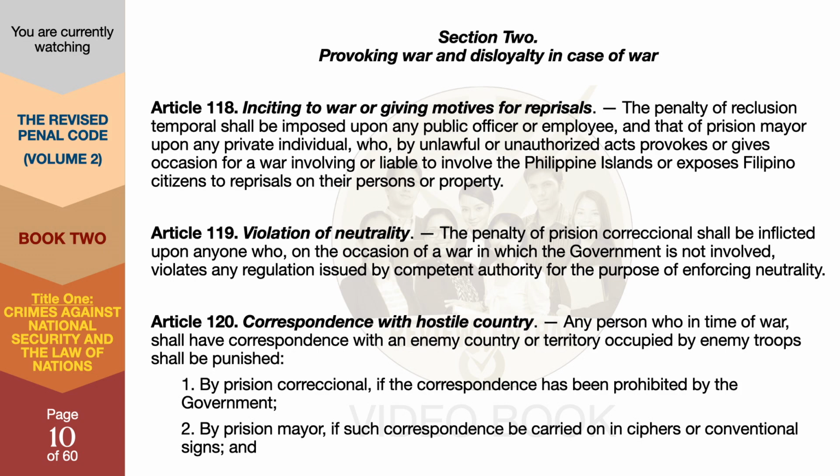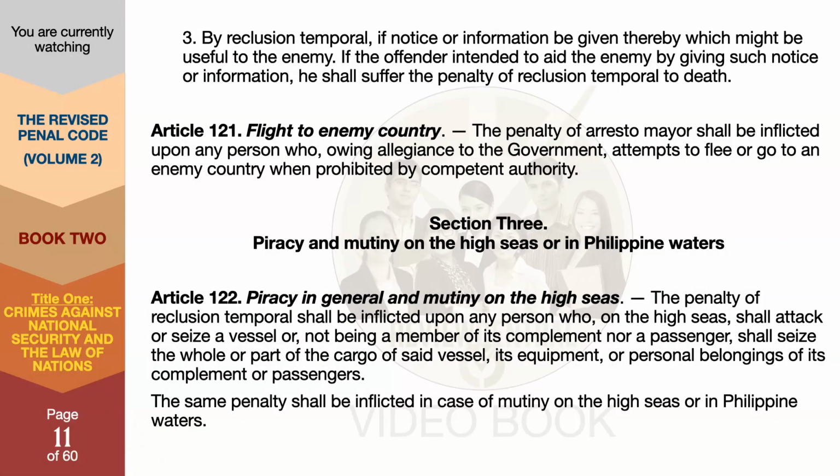By prisión mayor, if such correspondence be carried on in ciphers or conventional signs, and 3. By reclusion temporal, if notice or information be given thereby which might be useful to the enemy. If the offender intended to aid the enemy by giving such notice or information, he shall suffer the penalty of reclusion temporal to death.